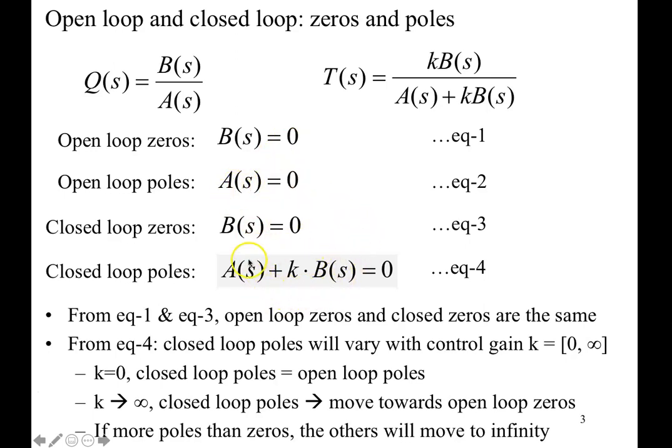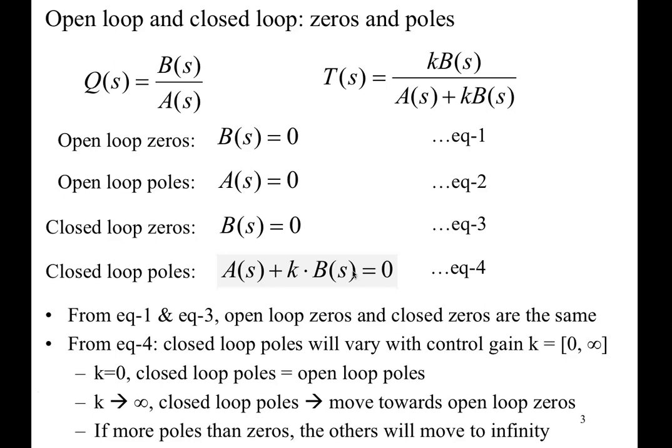Closed loop poles will be the solution of A(s) plus K times B(s) equal to 0. Therefore, you can see here, if I have different values of K, then I'll have different solutions for the closed loop poles. So the open loop poles and the closed loop poles are likely to be different for different K values. Open loop zeros are the same as closed loop zeros. The poles between open loop and closed loop are different.